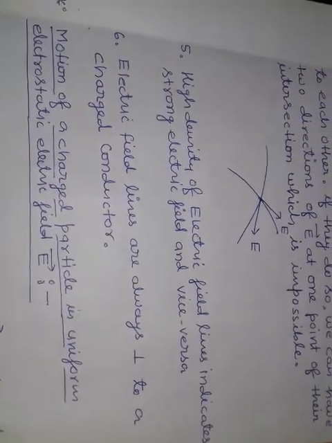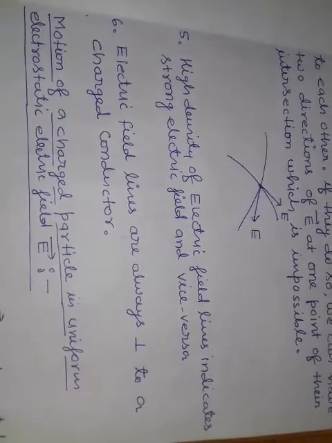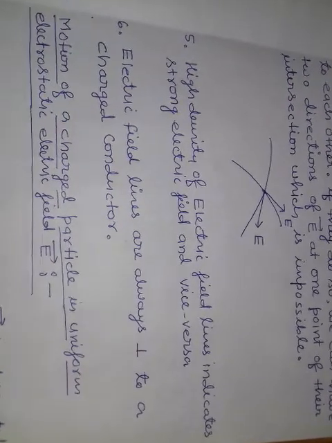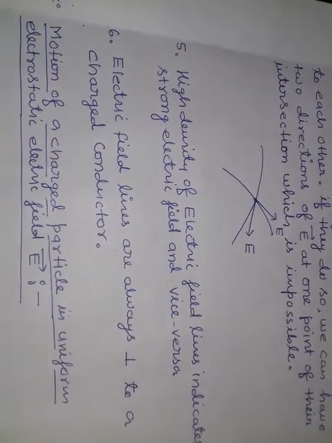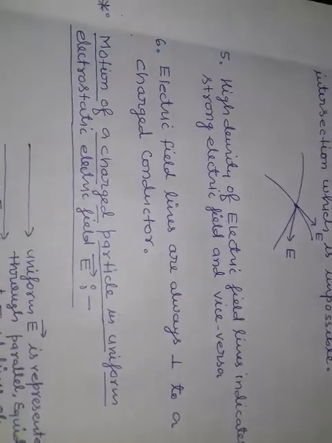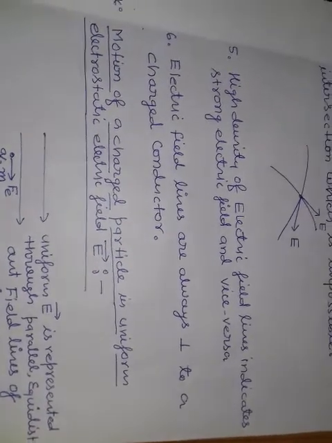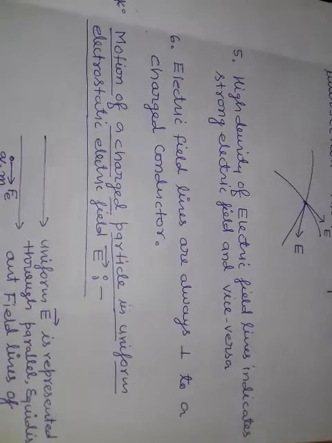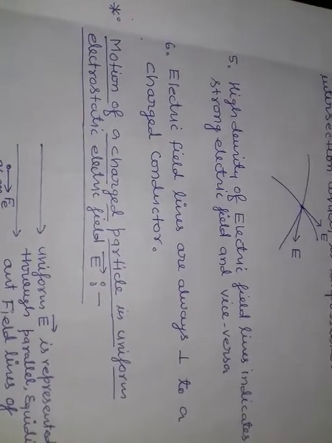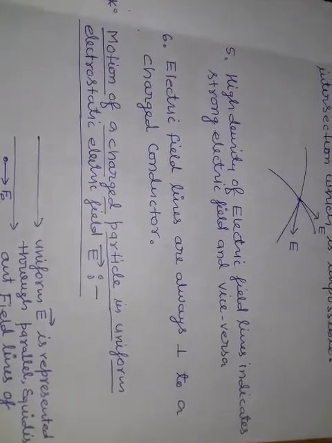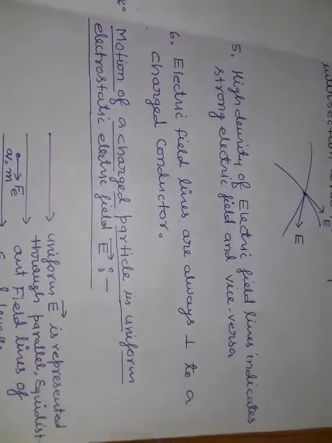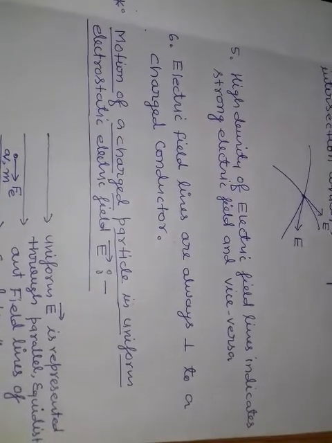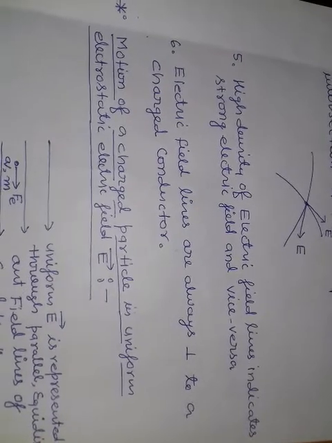So high density of electric field lines refers to a strong electric field, and low density refers to a weak electric field. And the next property: electric field lines are always perpendicular to a charged conductor. This is a very important property of a charged conductor. We will discuss later in detail the beauty of the charged conductor.